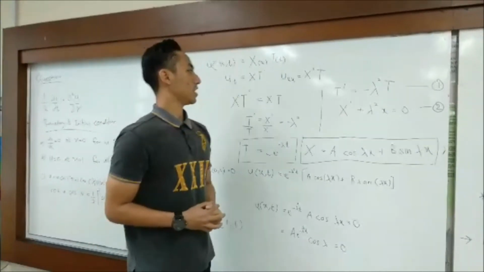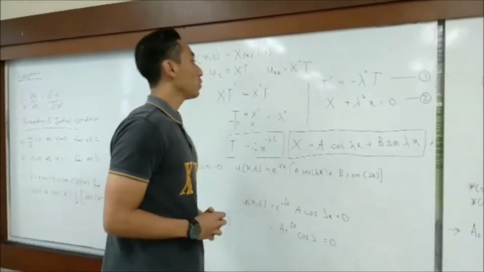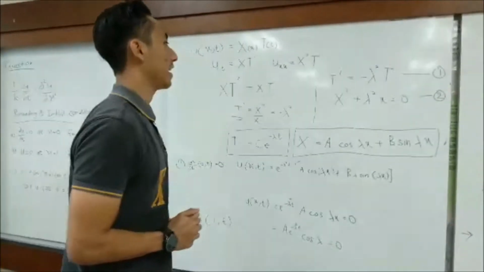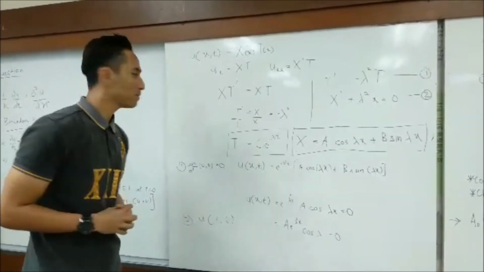After that, we differentiate u in terms of x twice, and we will get capital X double prime and capital T. This equation: X T prime equals X double prime T.